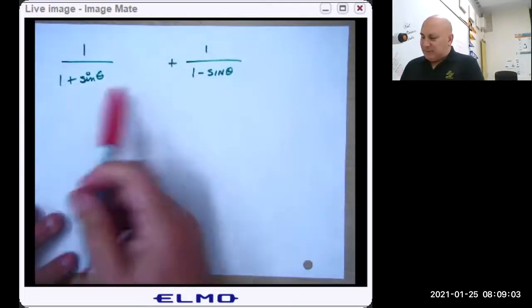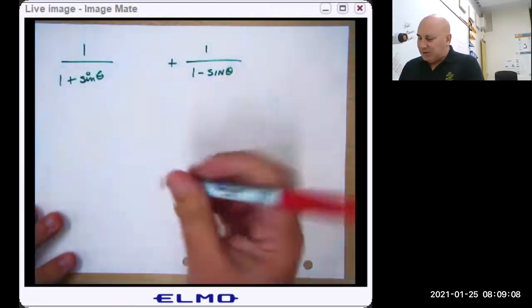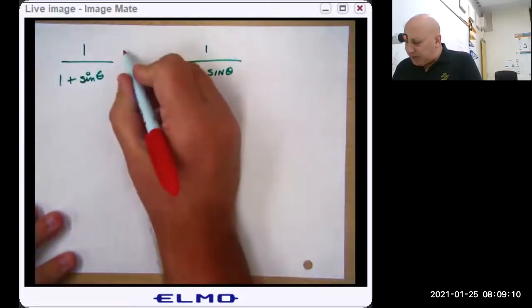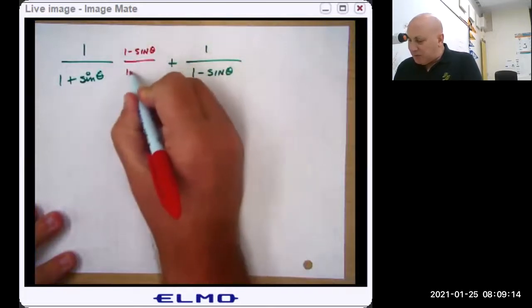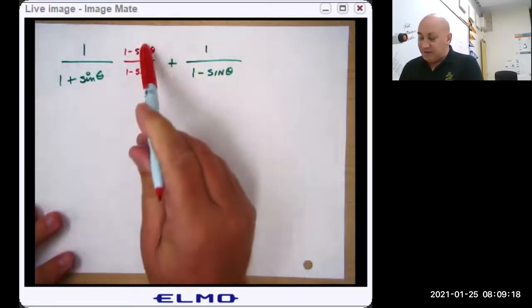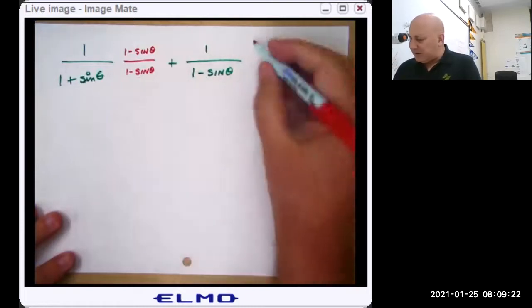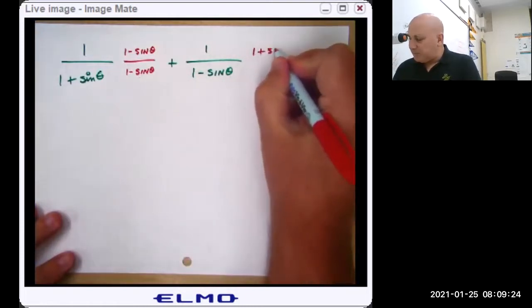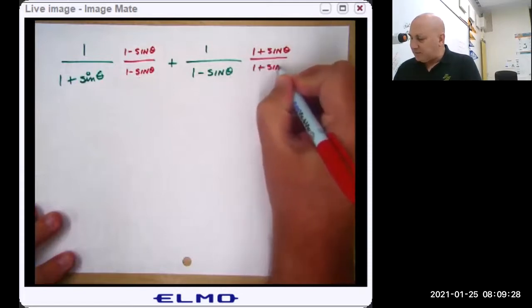When you see something like this, maybe we want to try a common denominator. So I'm going to multiply this one by 1 minus sine theta over 1 minus sine theta. You know that's legal because this is 1. So I'm going to multiply this one by 1 plus sine theta over 1 plus sine theta.